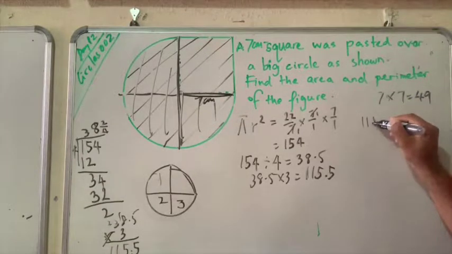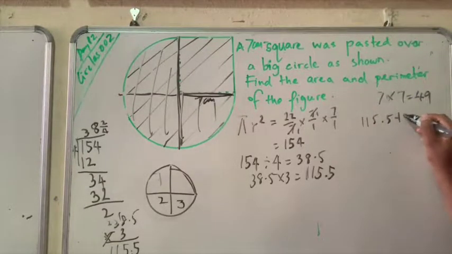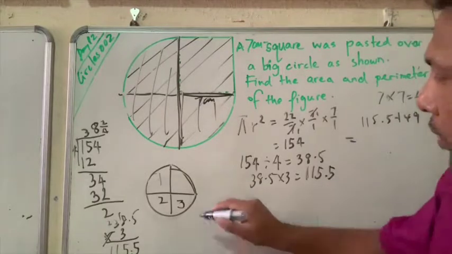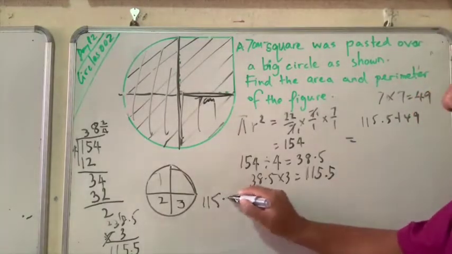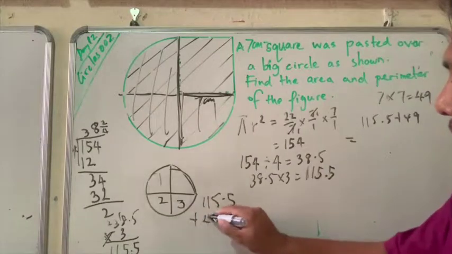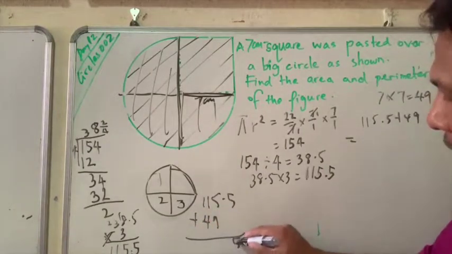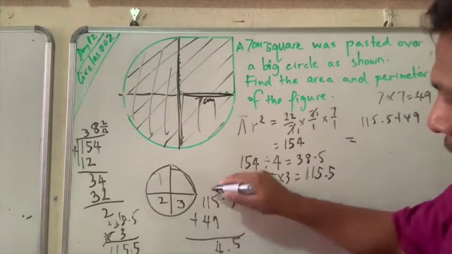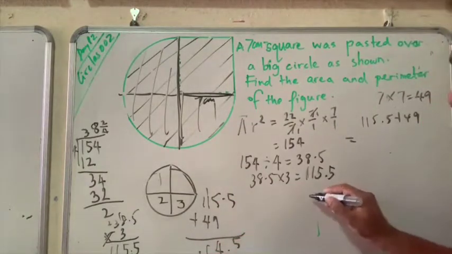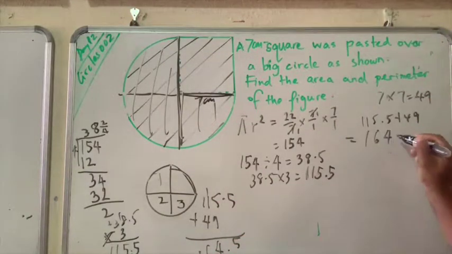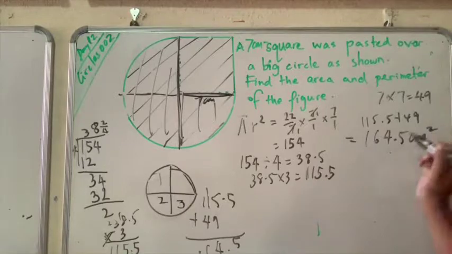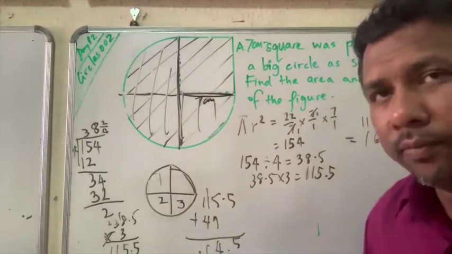So 115.5 plus 49, and you will get your answer, 115.5 plus 49. 164.5 square cm, and that's the area.